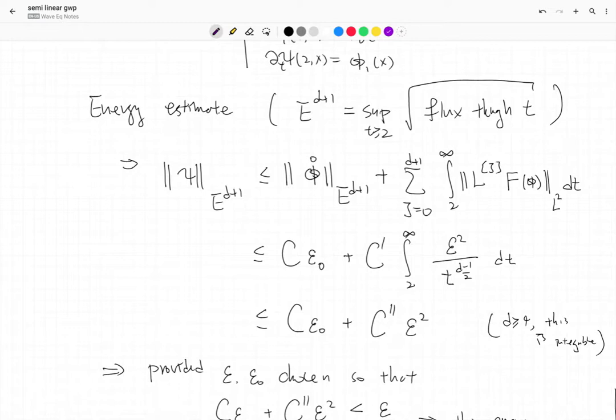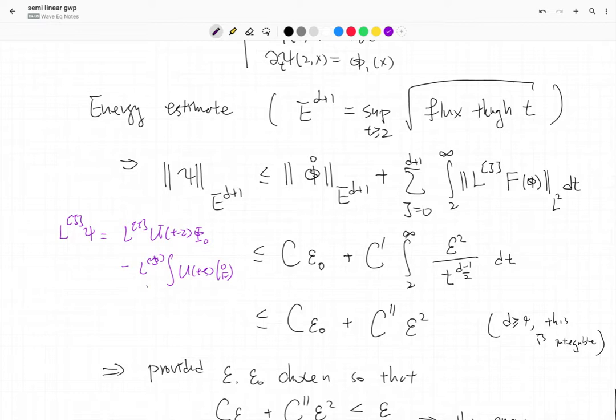By linearity, we have that Lj of psi is equal to Lj of u(t minus 2) v0, minus Lj of this integral of u(t minus s) F. We're just taking Lj acting on everything, and we can take the Lj inside because Lj commutes with the wave operator.